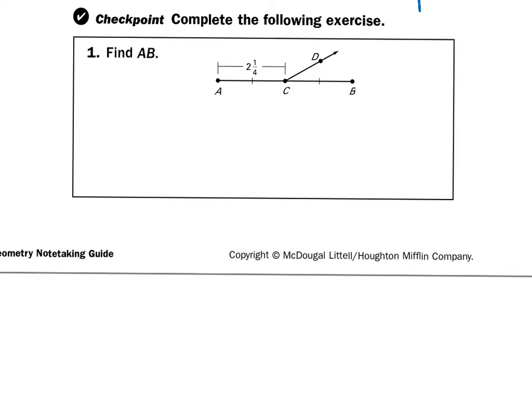Okay, on this checkpoint, I'm going to start you off a little bit because I don't want you to just put the answer down. What I want you to say is, it says find AB. So let's write down how we're going to do that, because geometry is big on how you did things. AB equals AC plus CB. And then again, why am I not writing the segment sign above it?